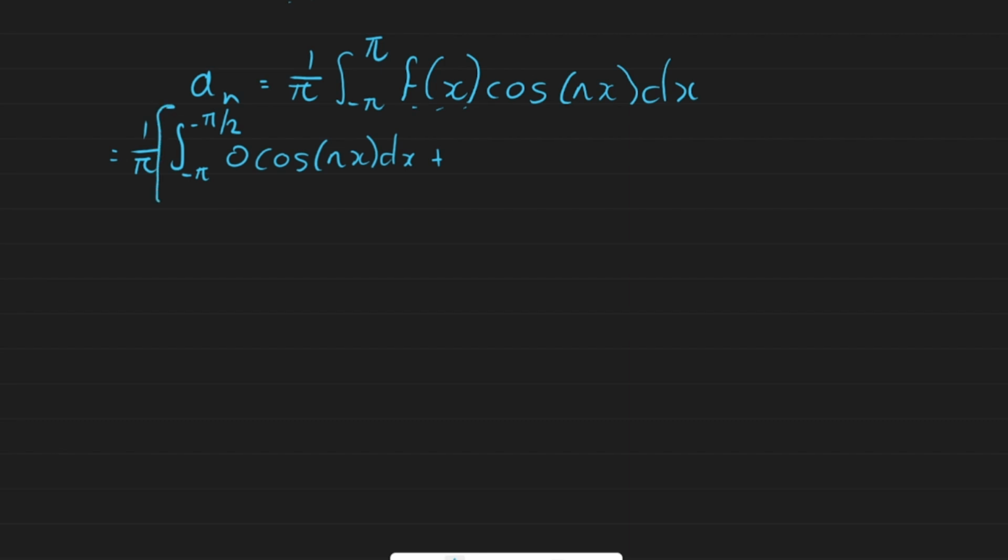Then we had the integral from minus pi over 2 to pi over 2, and that was 4. F of x took on the value of 4. We had 4 cos nx. And lastly, we had pi over 2 to pi, and that was 0 again.